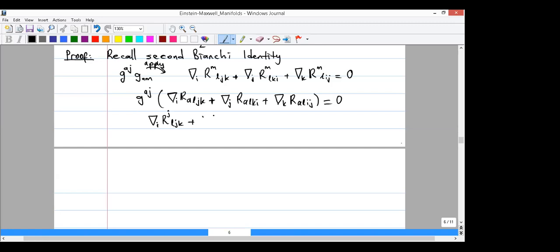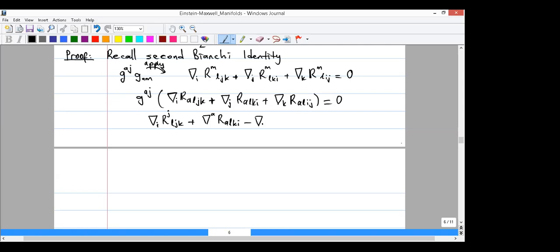So that gives us a and k i plus, let's just use the property of the Riemann tensor, which is antisymmetric in the last two indices.